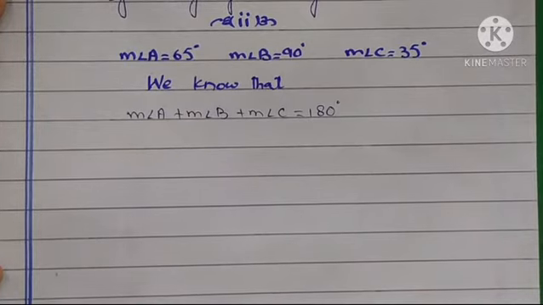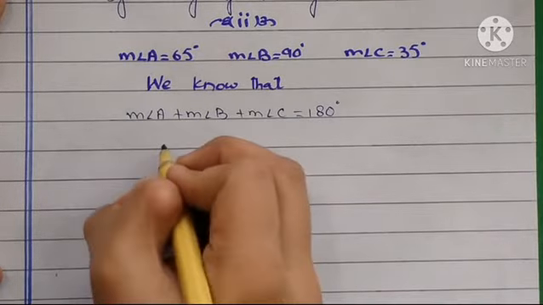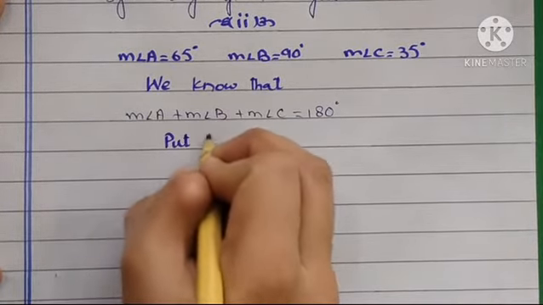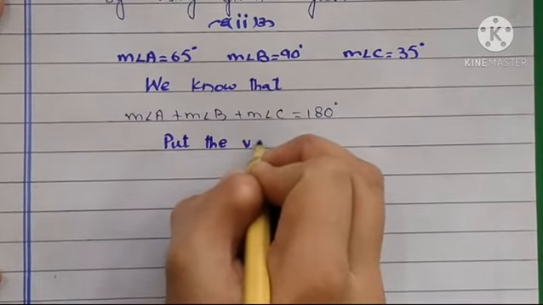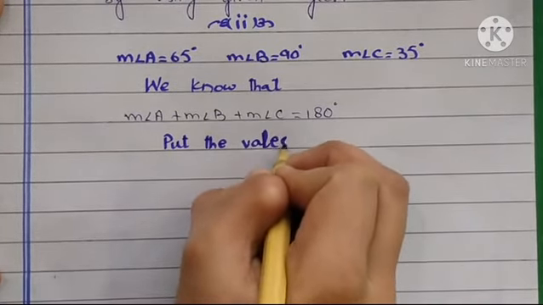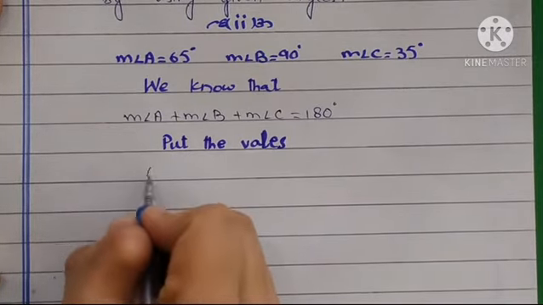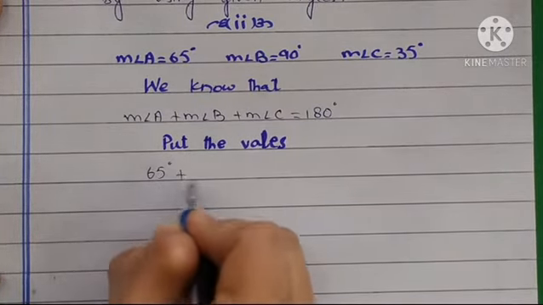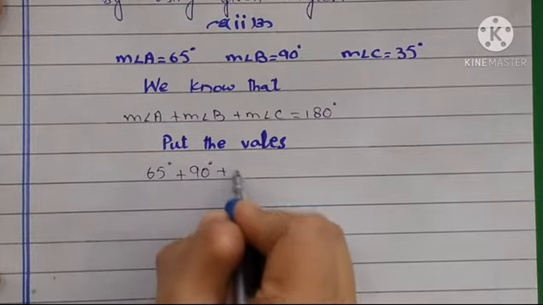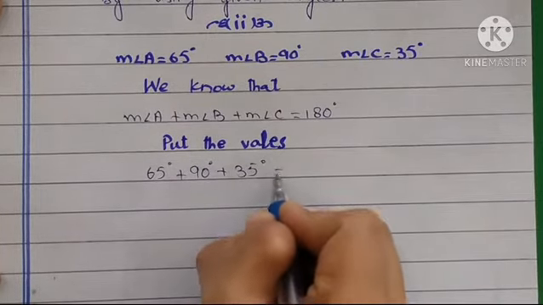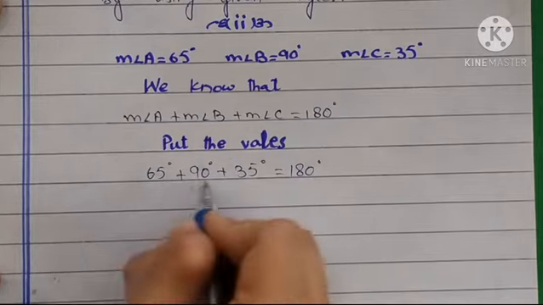Now dear students, we will put the values. After putting the values, we get 65 degrees plus 90 degrees plus 35 degrees is equal to 180 degrees. Now we will add them.